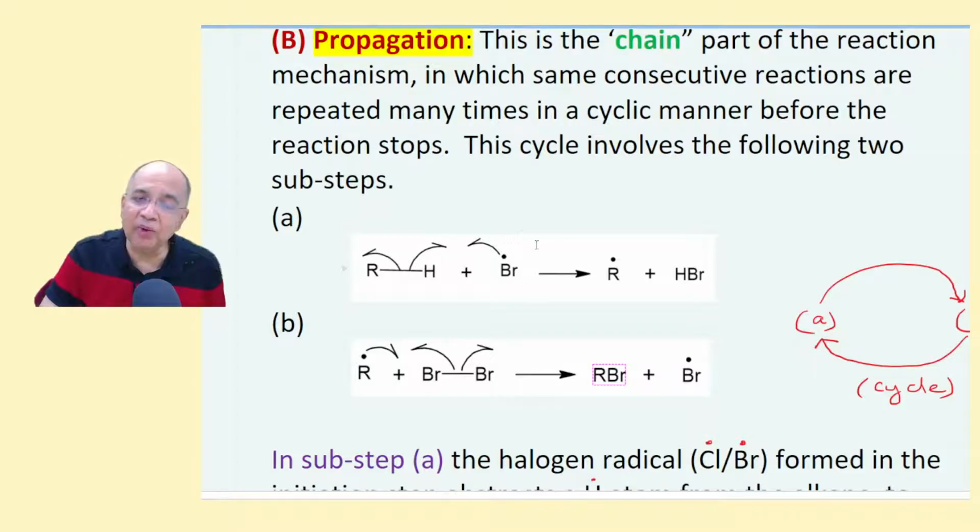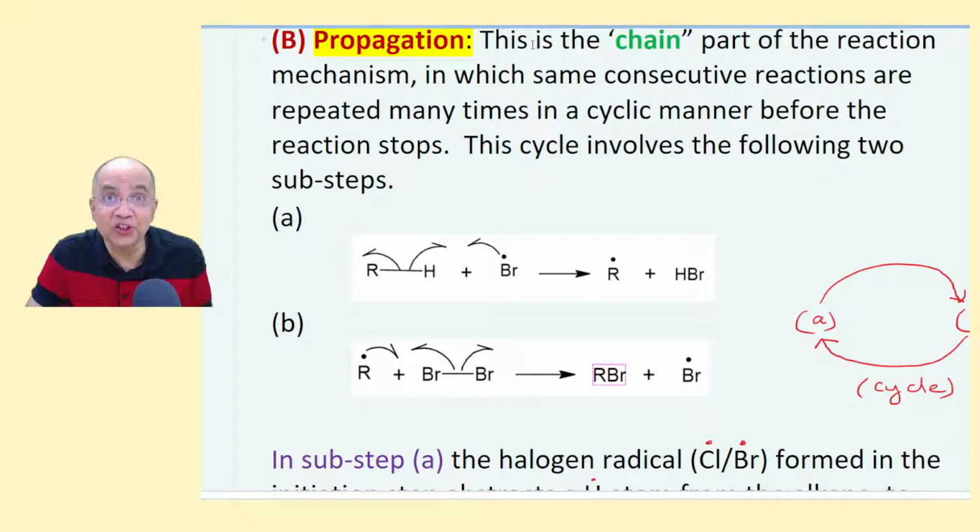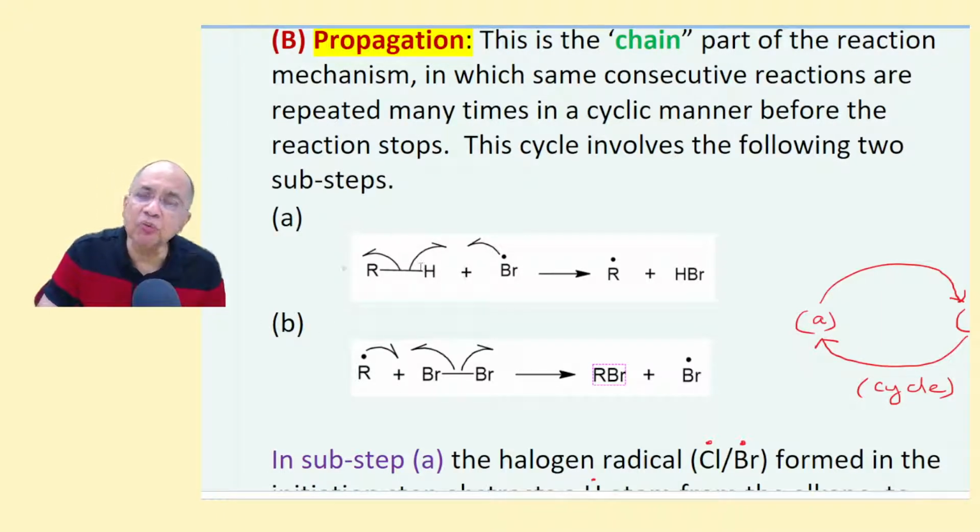Then the bromine radical produced in B reacts with another alkane to produce another carbon free radical, alkyl free radical, and HBr, the other product. And this R dot combines with another molecular halogen to produce RBr, and again Br dot. So these two substeps of propagation continue repeatedly. This is a cycle, A to B, B to A to B, until almost all the RH alkane is exhausted, or all the bromine or chlorine is exhausted. So this takes place very fast.